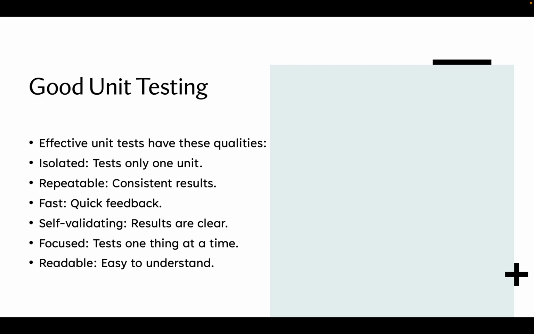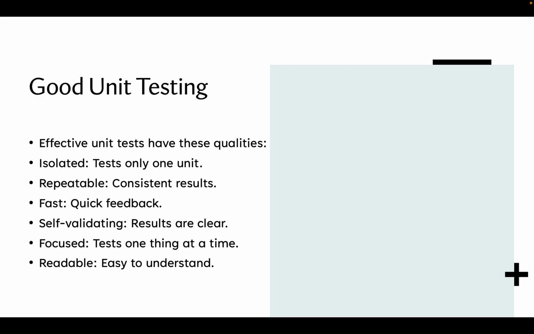When you have good unit tests, it's very easy to read and understand. When you work in a team, it's very important for you and your team to understand everything easily. So good unit tests are readable.